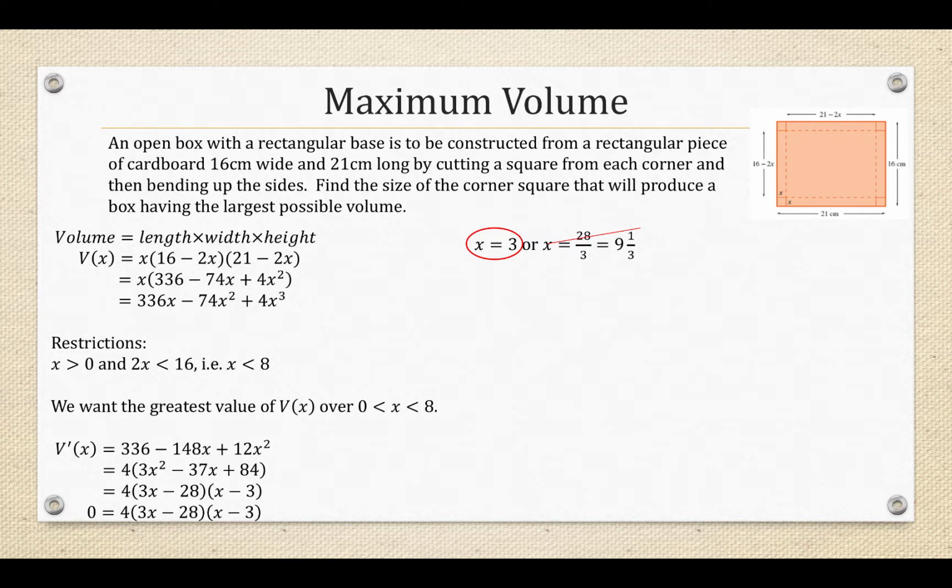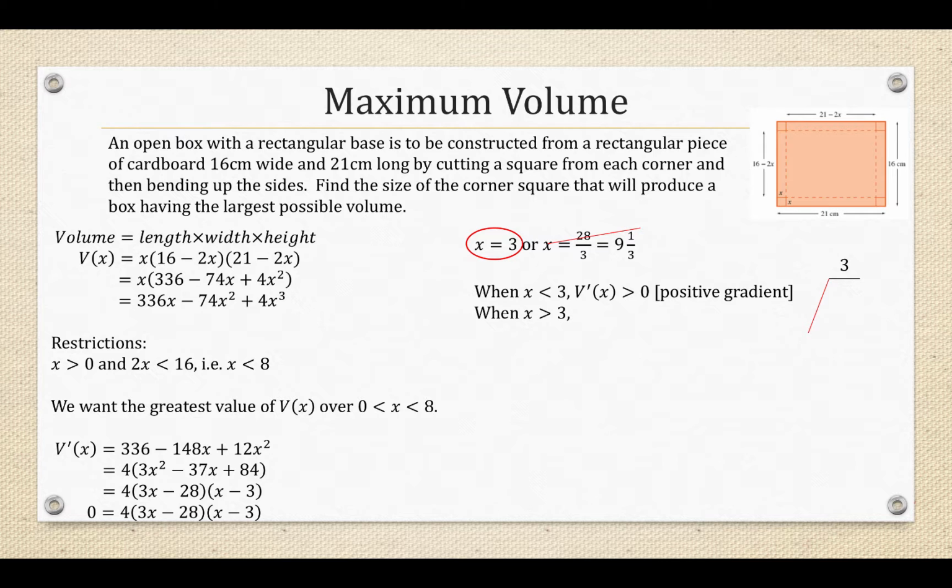What we want to do is first check that this is actually a maximum. So if we consider when x is less than 3, the differential of V with respect to x is greater than 0. We can do that by substituting in, and that will give us a positive gradient. So those values less than 3 will have a positive gradient. It goes up.